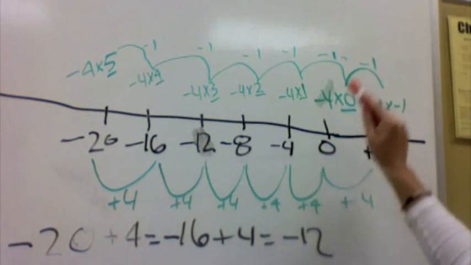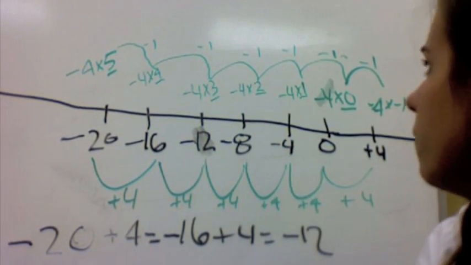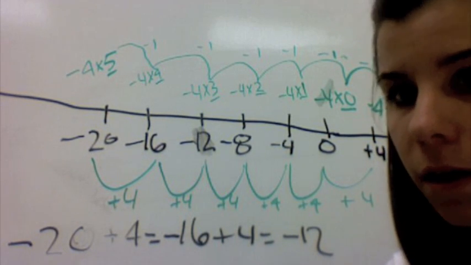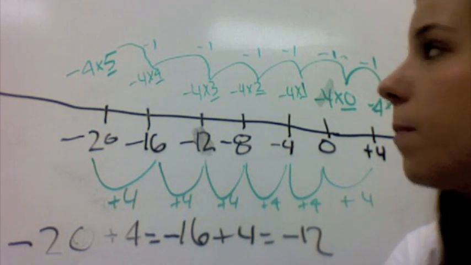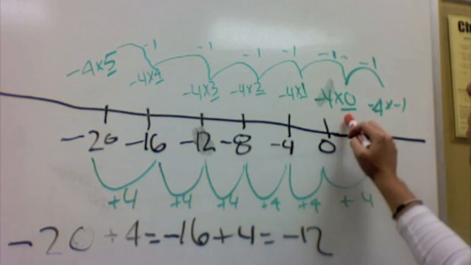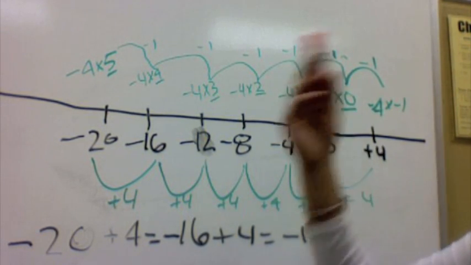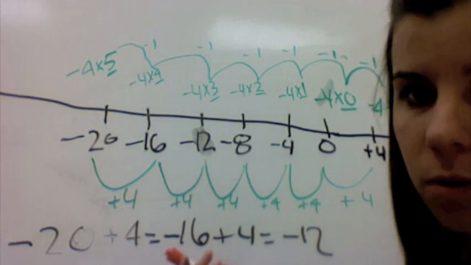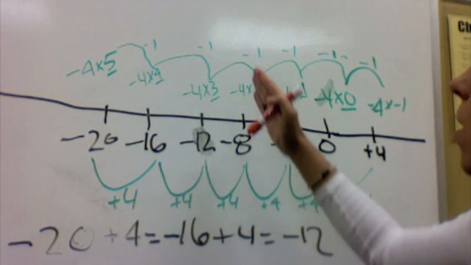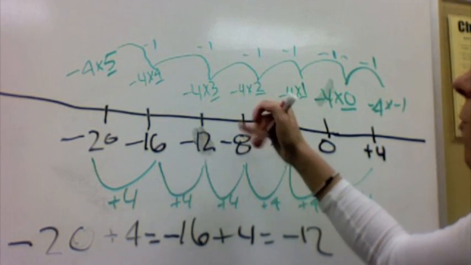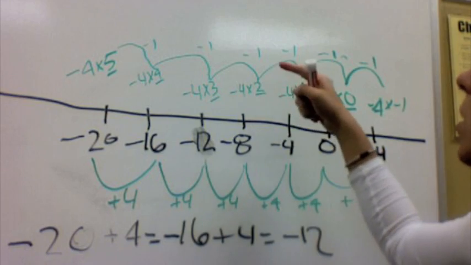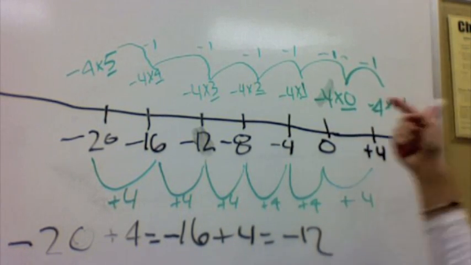Once we get here, -4 times 0 is 0. So what happens when we subtract 1 from 0? We do -4 times -1, which was the question. We're keeping along with the pattern, where the number multiplied by -4 is decreasing by 1: 3, 2, 1, 0, now -1.